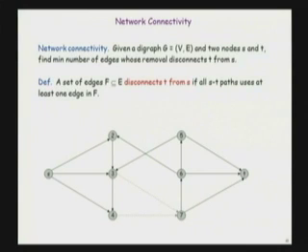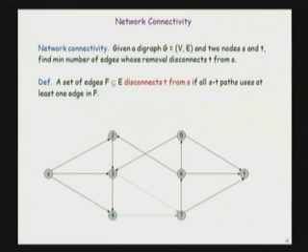So we could ask, in this graph, what's the smallest number of edges that we could remove that would disconnect S from T? If you look at it here, there's exactly two edges whose removal leaves S disconnected from T. Does everybody see that?